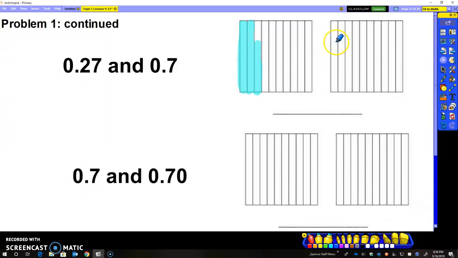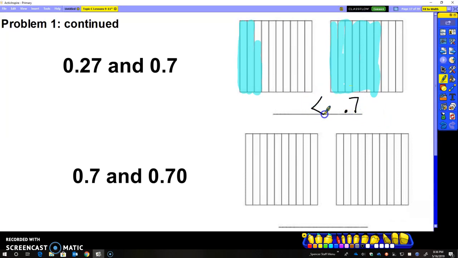If I look at the 7/10, well, there's 1, 2, 3, 4, 5, 6, and 7. So all but 3/10 are filled in here. Obviously, 7/10 is larger. So what we're going to be doing today is our comparison.